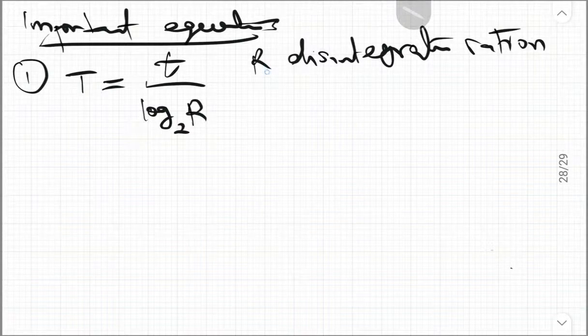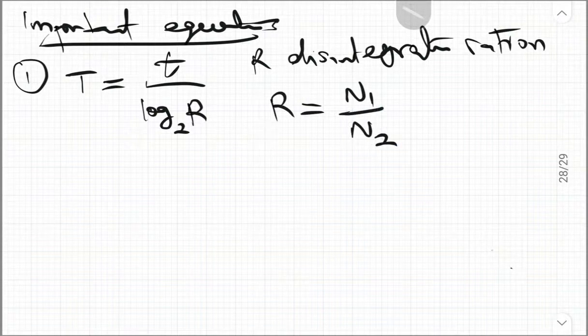It is just something that we use to make our work easier. So r is actually the ratio of the initial amount of the radioactive material to the final amount of the radioactive material. All right, so take note of that.